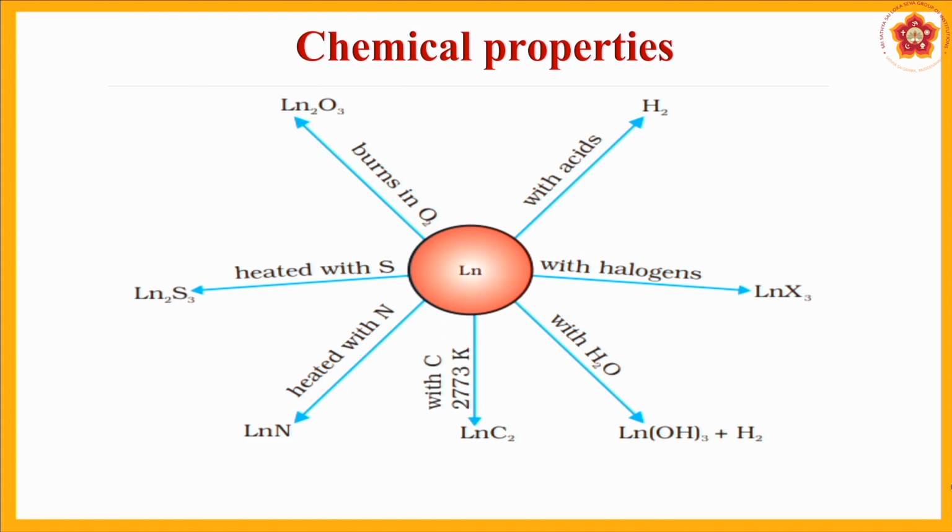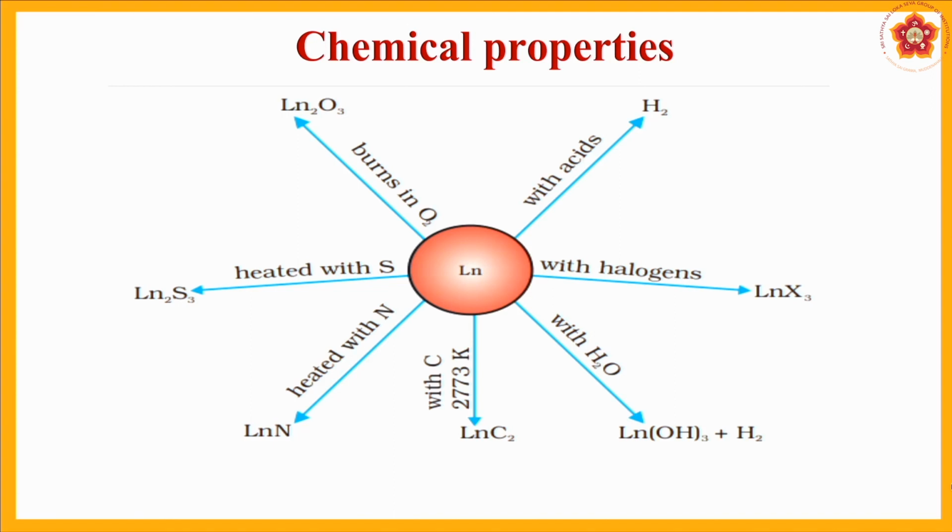Looking at the diagrammatic picture, one thing can be understood perfectly: in all these cases, the valency of lanthanum, Ln, indicates lanthanides. Ln indicates all the 14 elements in the lanthanides. You can analyze that in all those cases the oxidation state of lanthanides is +3.